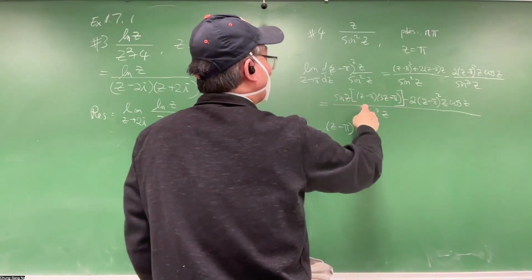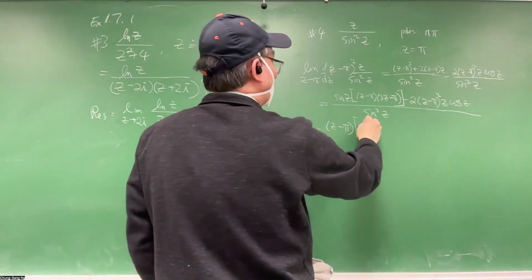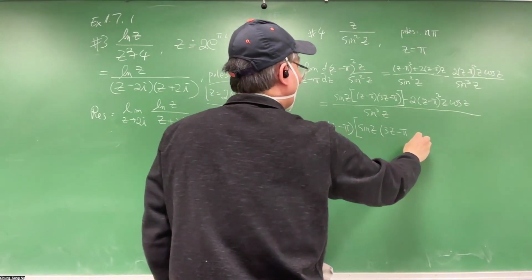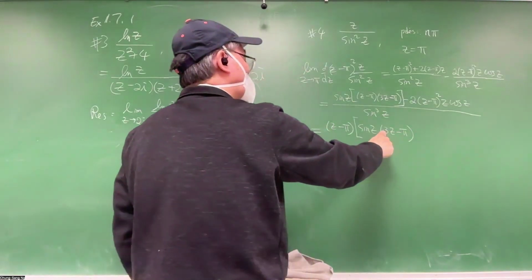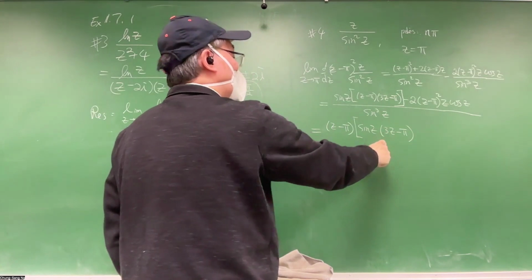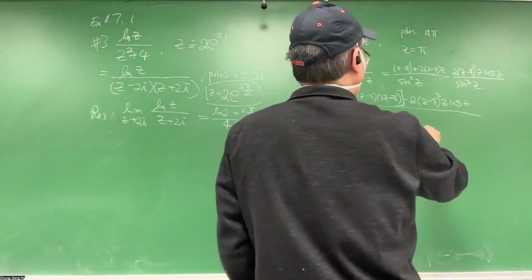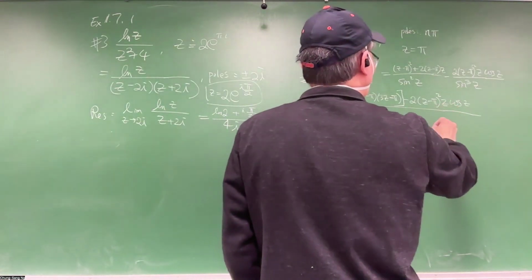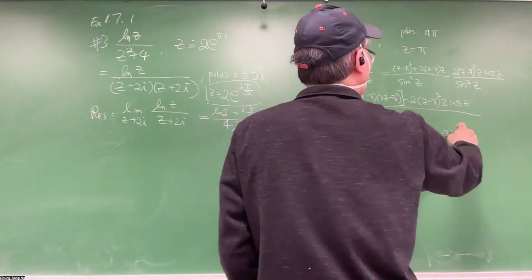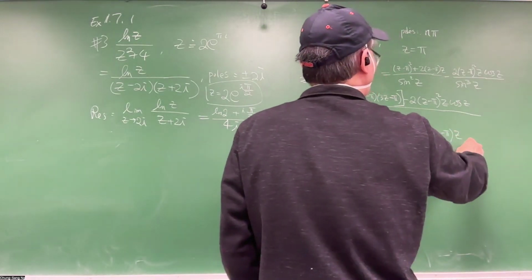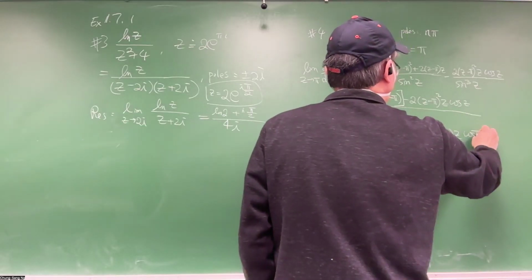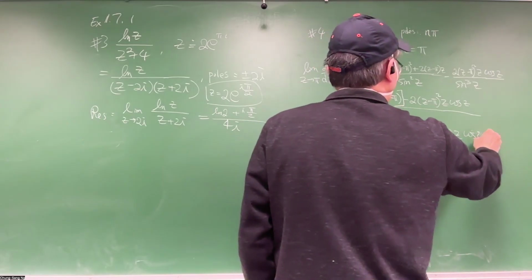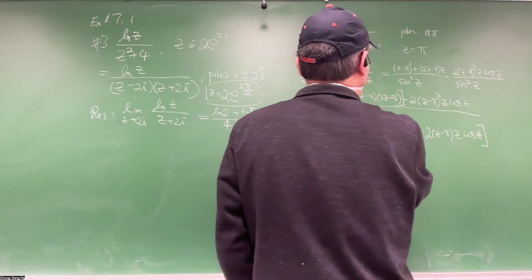And that is sine z times z minus pi, which turns out to be just 2 pi because of pi, and then the minus 2 times z minus pi, and then z, which is pi, times cosine z.